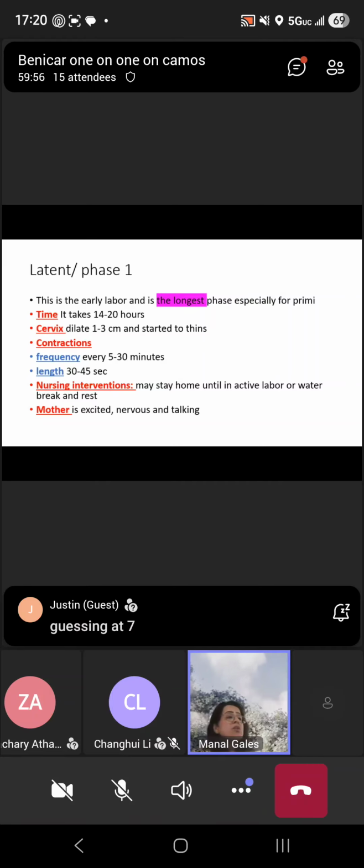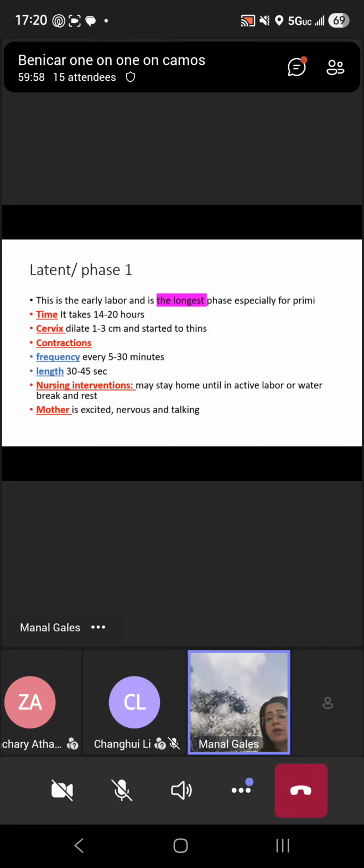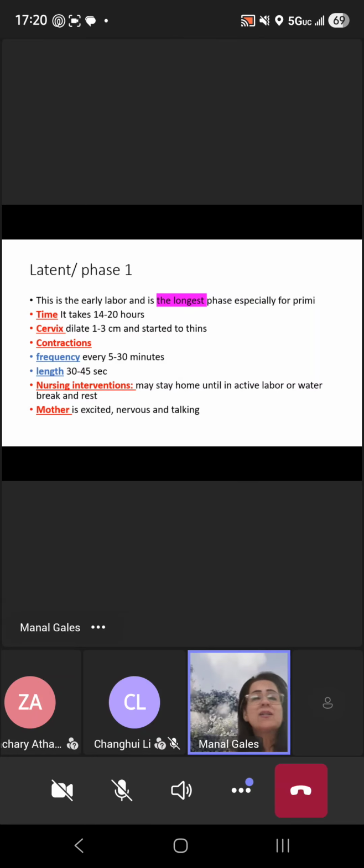In phase 1, we're still at 3 centimeters. Don't guess. It is 5 centimeters. It should break at 5. So you tell her to come if the contractions start to be stronger or the water breaks.